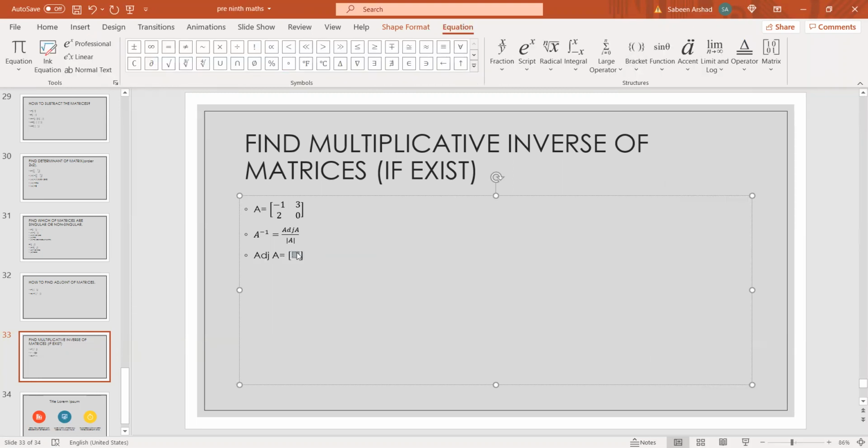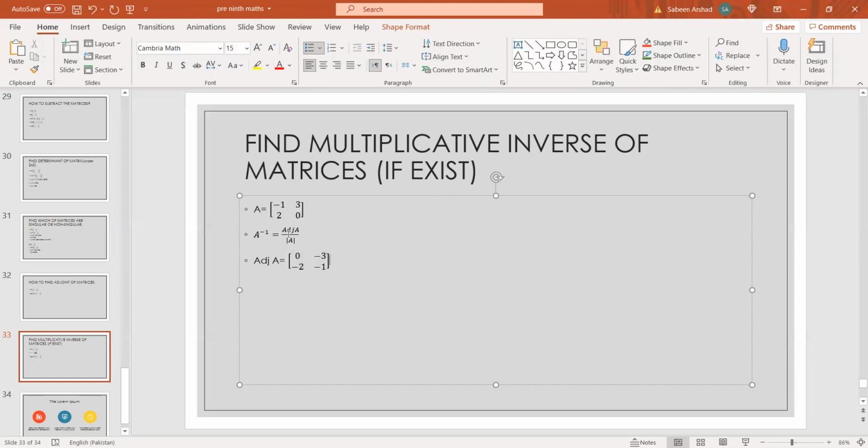First of all, you have to find the diagonals. These are the diagonal entries. Simply interchange them, put 0 here and minus 1 here. Then replace the signs, just the signs, not the digits, of the other two entries with each other. This is the adjoint of A.